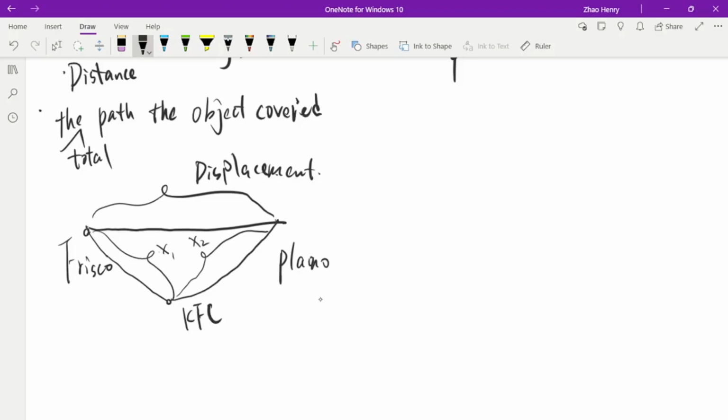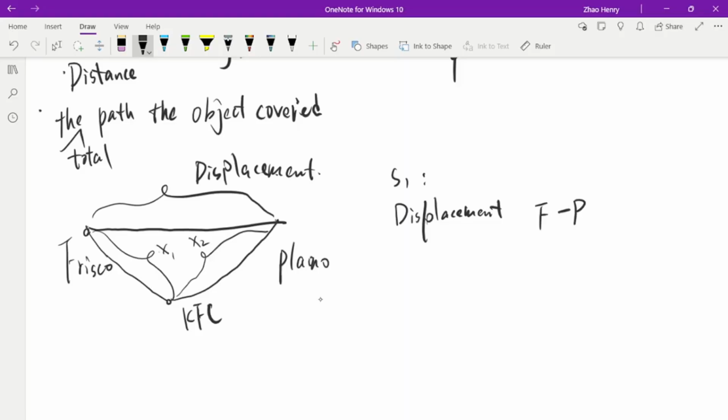For the first situation, if you just want to arrive at Plano as fast as you can, you just go from Frisco to Plano in a straight line. In the first situation, I'll just use S1. Your displacement is just from Frisco, I just use F, to Plano.